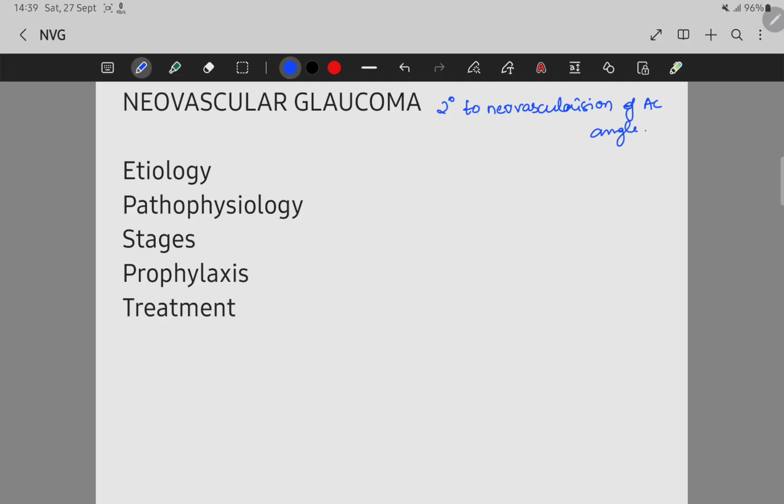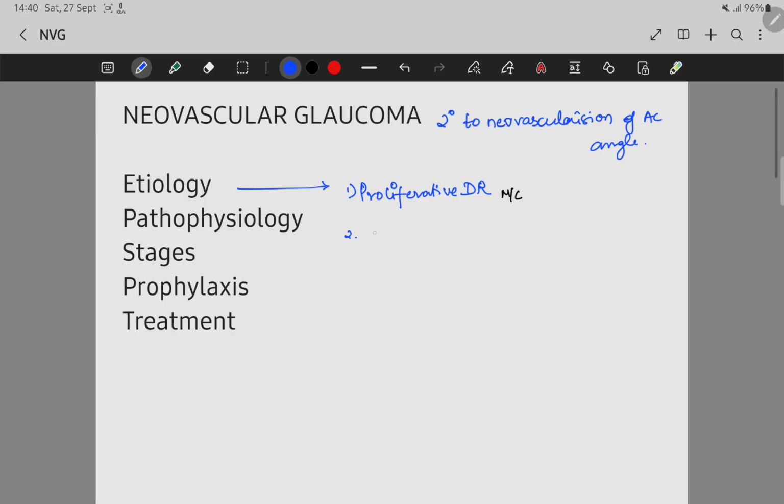Coming to the etiology, the most common causes are proliferative diabetic retinopathy, which is the most frequent cause of neovascular glaucoma, and then retinal vascular occlusive disorders, that is CRVO, which is the second most common cause.